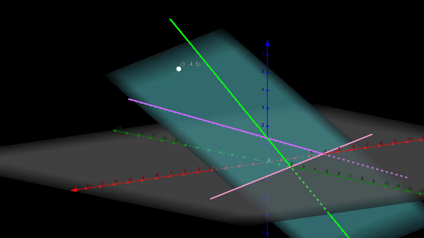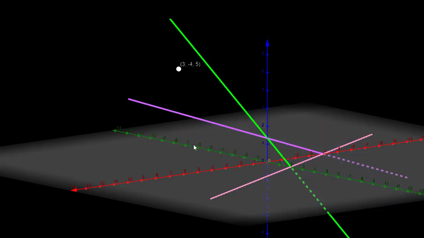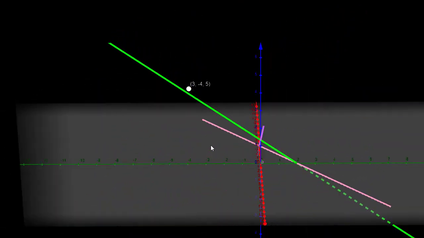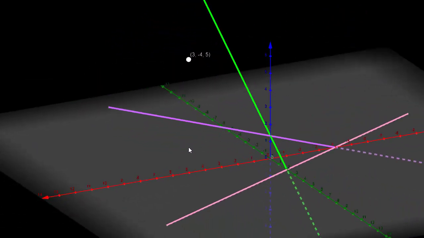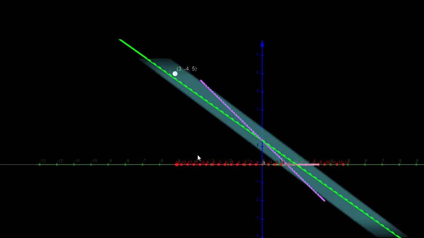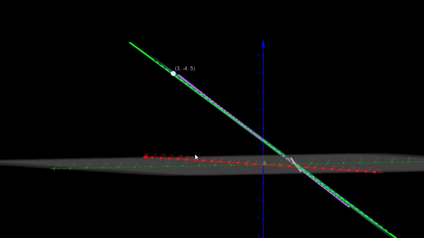All right, so here is the plane. As I was trying to say, these lines sort of give us a representation of where it lives. But if we were to fill all that in, we would get this plane here.